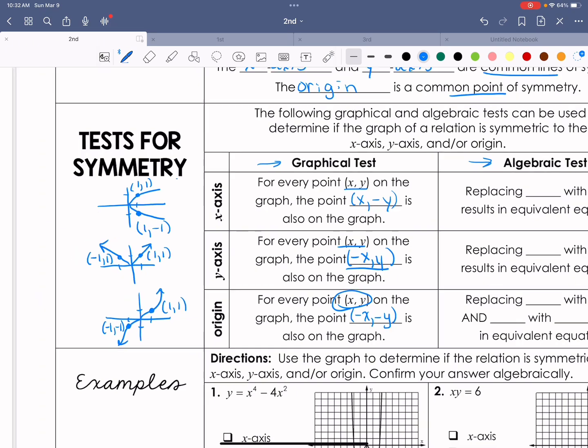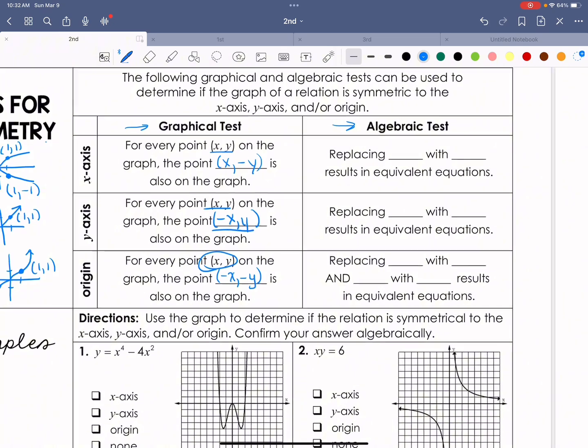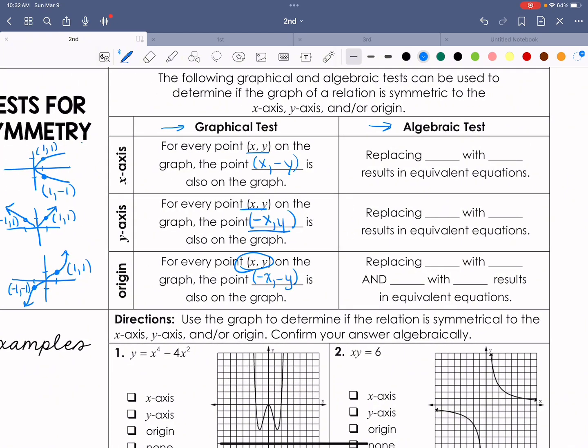Now, as far as your algebraic test, for x-axis symmetry, when you have the function, you can replace y with negative y and get an equivalent equation. You simplify it down. For symmetry about the y-axis, you replace x with negative x.